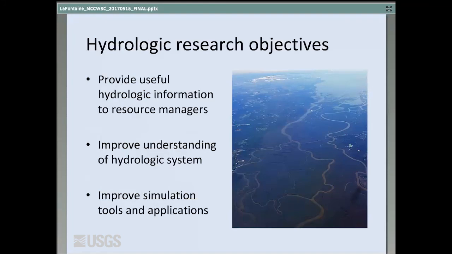So our primary research objectives, number one, provide useful hydrologic information to resource managers. We develop these simulations so that hopefully folks will be able to use this and incorporate it in their decision-making process on the ground across the landscape. Number two, what Sean had mentioned in my research goals, is looking to improve our understanding of the hydrologic system and also improve our simulation tools and applications.